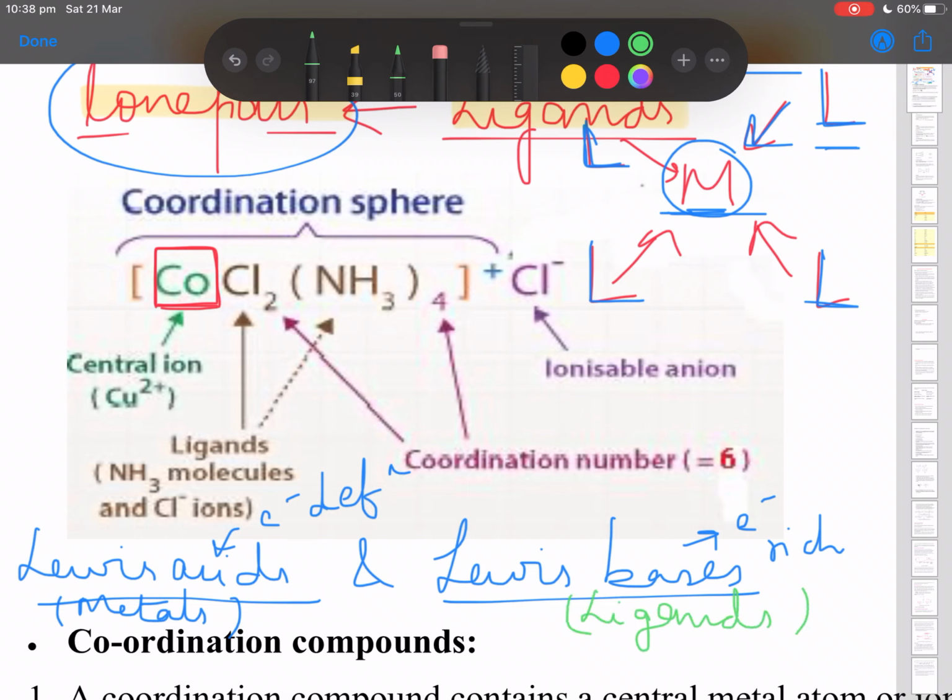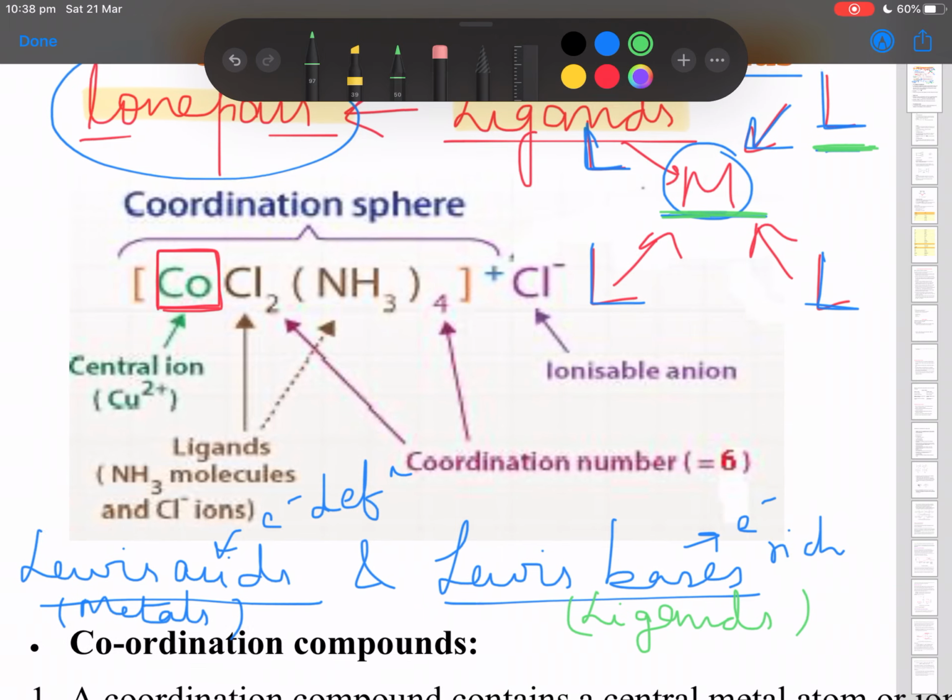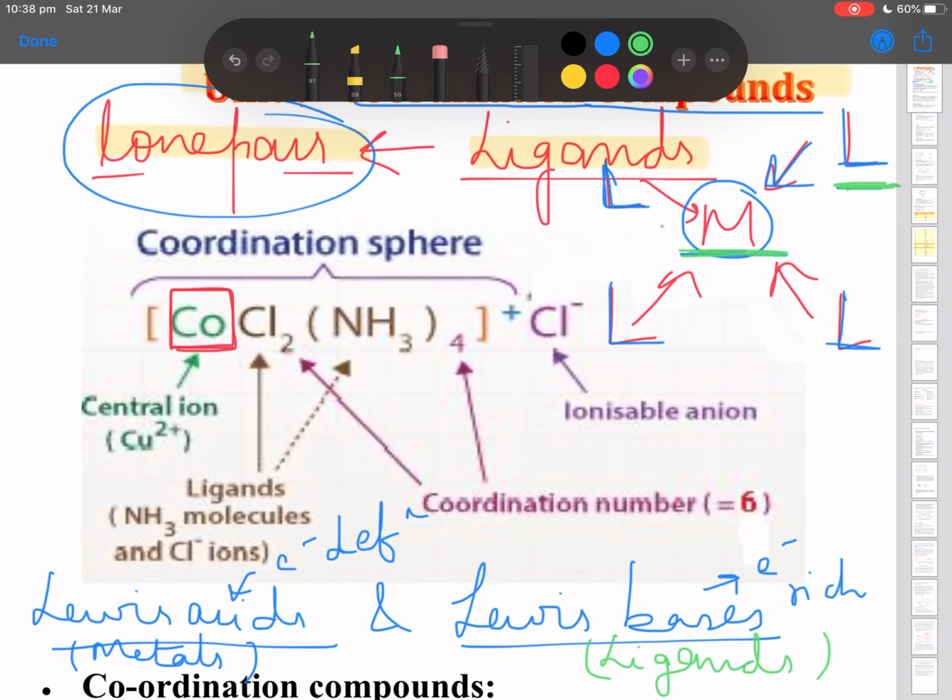So in a complex, you have an association of Lewis acid with a Lewis base with the help of a coordinate bond. And why do we call it a coordinate bond? Because it is one side donation. So ligands are your donors and metal atom is your acceptor. Remember these terminologies, it is very important to understand.